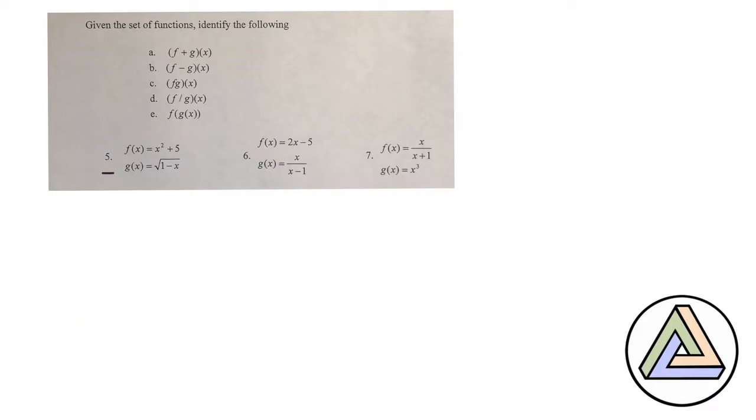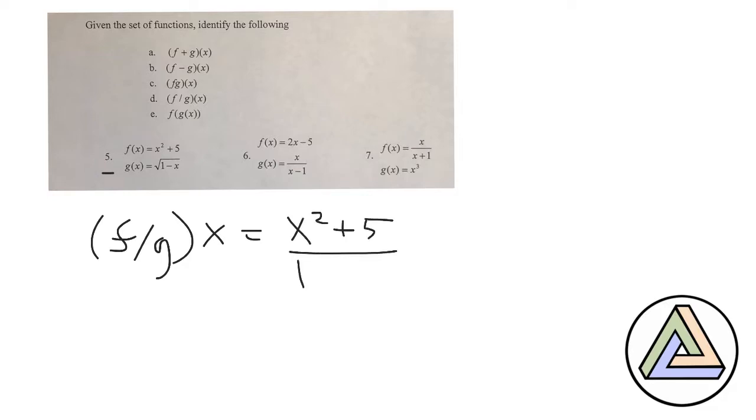Okay, what about f over g of x? Well, that would be x squared plus 5 over radical 1 minus x. What I would do here is I would actually go ahead and simplify this by rationalizing the denominator. But when you first write the thing, we first wrote the obvious scenario, which is, okay, f over g.